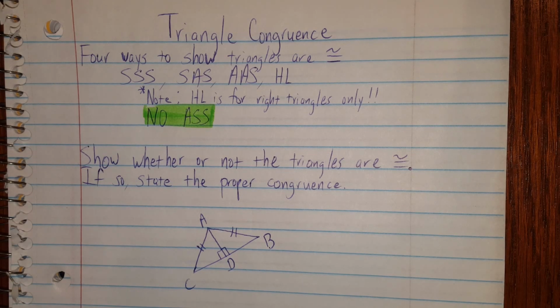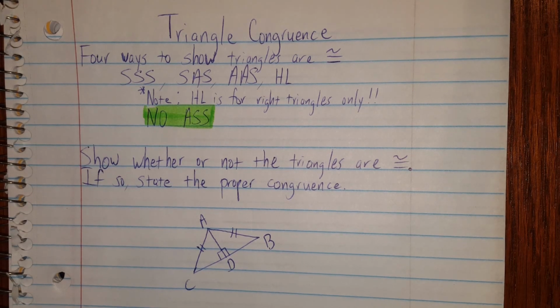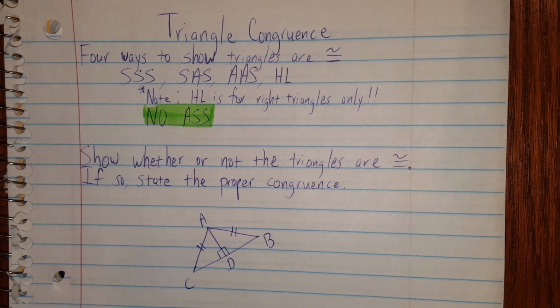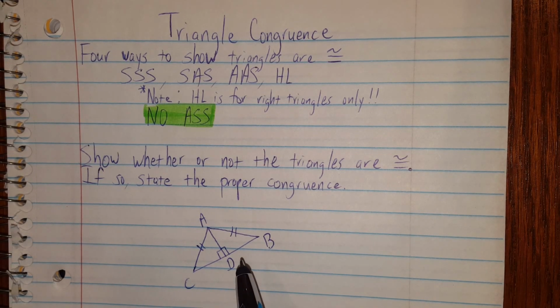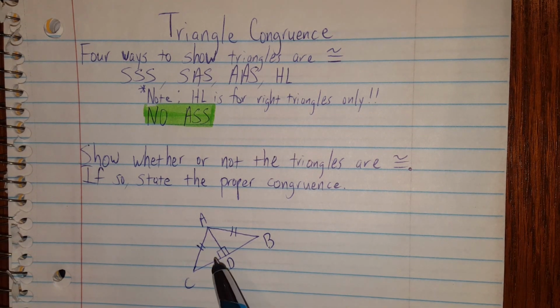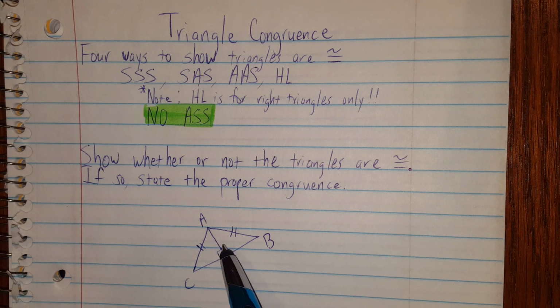Okay, so just by looking at this triangle, I'm looking at the setup that they gave me here. All this stuff is given to me. So what's given to me is that AC is congruent to AB. And I've got that this is a right angle here, and this is a right angle here. So these are two right triangles.